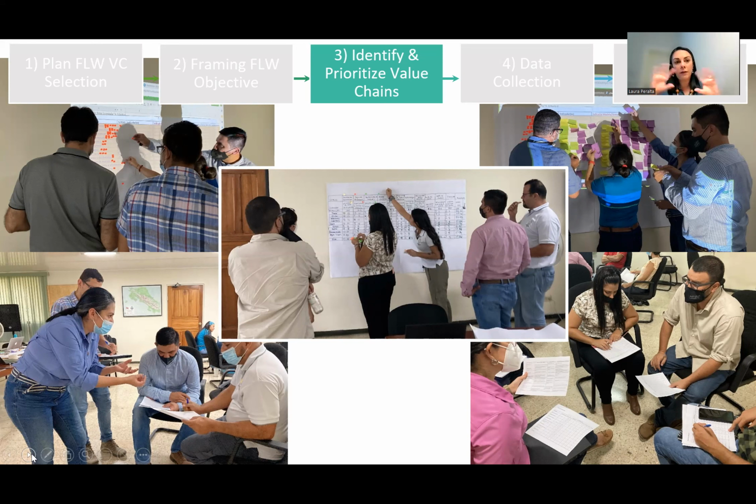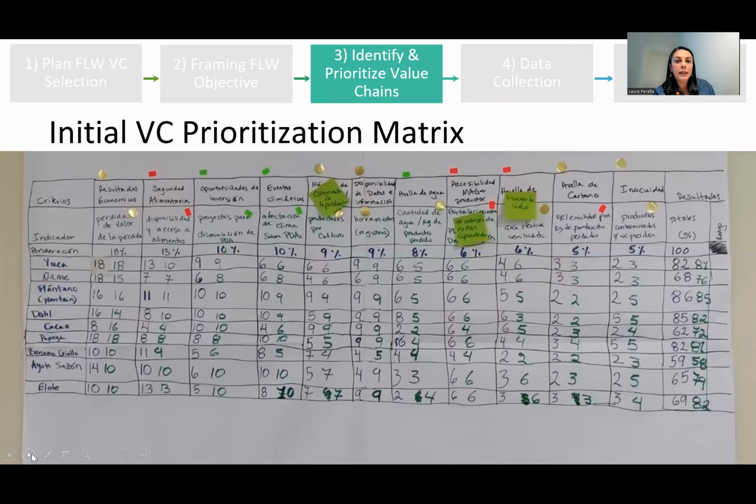What we did was that we divided the group into sub-teams, and these teams were able to have one-on-one discussions, then group discussions, also to vote, as you can see in some of the pictures, to understand, for example, which criteria were going to be of a higher priority, and therefore it allowed us to give weights to the different criteria and also identify and build up by themselves the different indicators that would be used to measure each of the criteria for each of the selected crops.